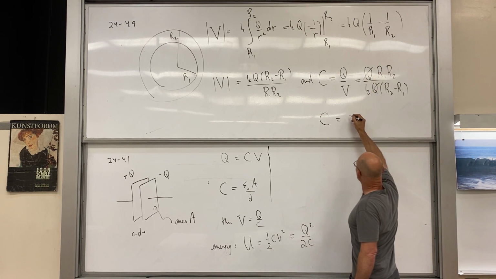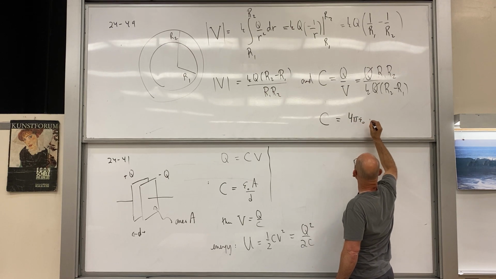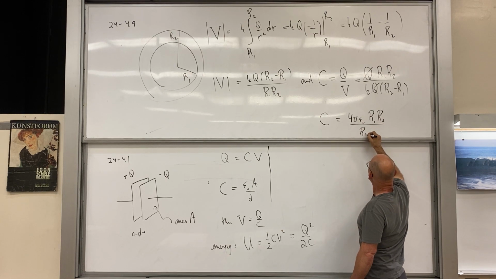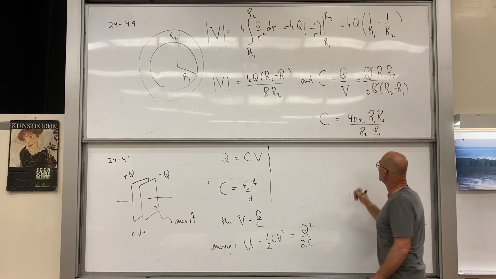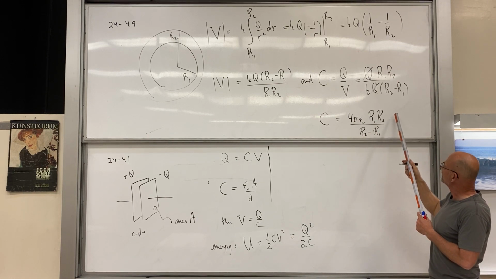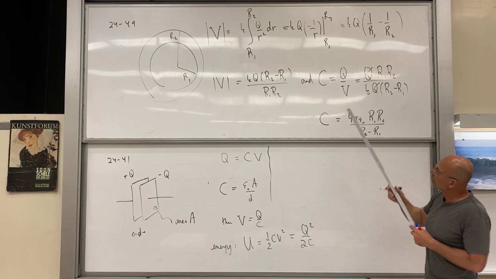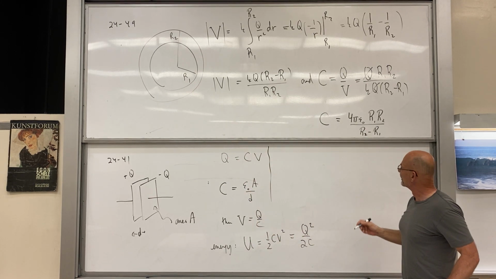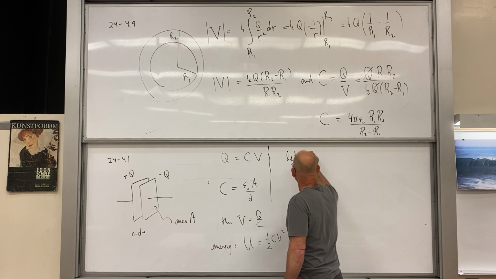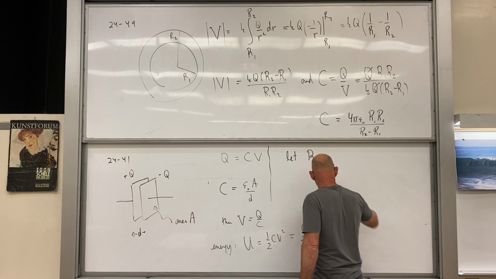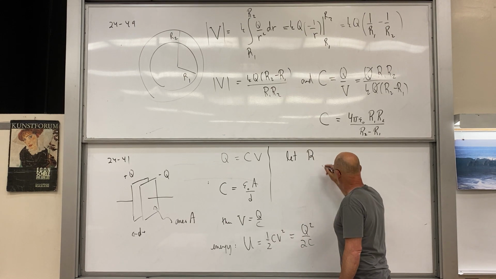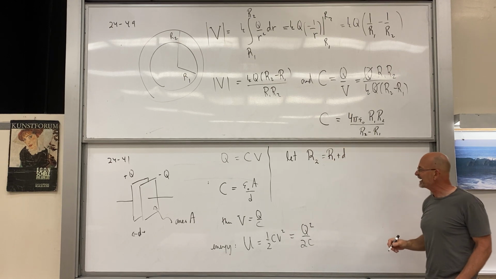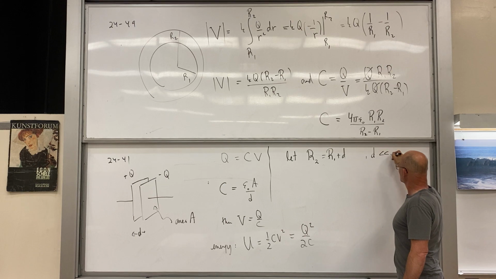So C equals 4 pi epsilon naught R1 R2 over (R2 minus R1). Now it's always nice to recognize things in a limiting case. What they asked us to look for was, suppose the radii are very close to each other. So R2 is equal to R1 plus some small number D, where D is much less than R1.